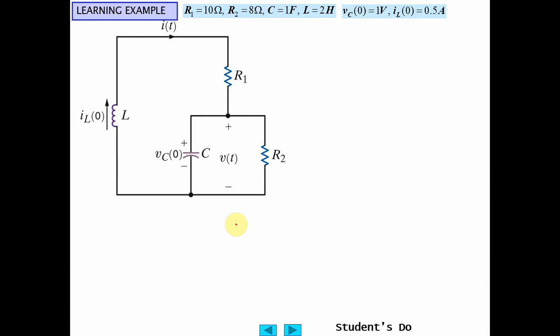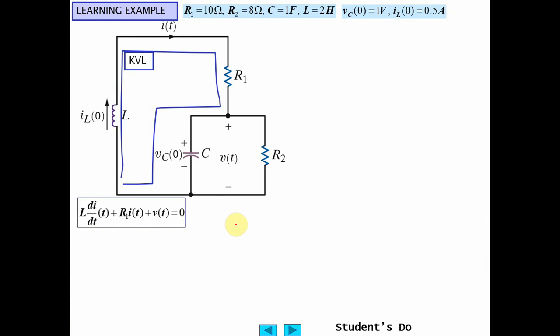So I'm going to give you a hint. Even though I want you to do it, I'm going to give you a hint. Use KVL around here, the blue. So you'll have this equation. Use KCL at this point. So you'll have this equation. And you have to rearrange things a little bit.